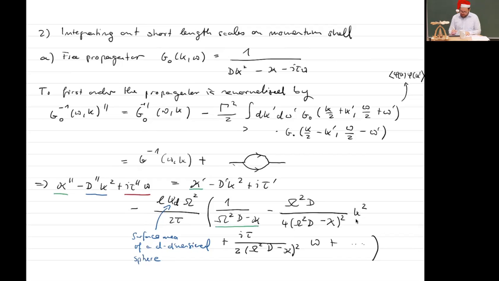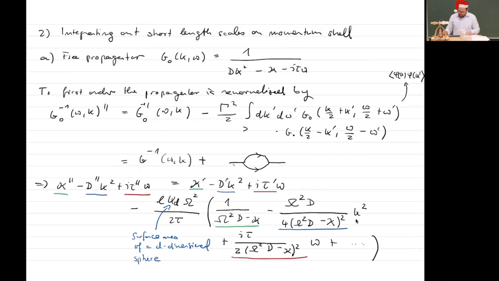We have the D that pops up here and here, so that's a prefactor of this k squared. And we have the tau that we have here and here. And this should have an omega.